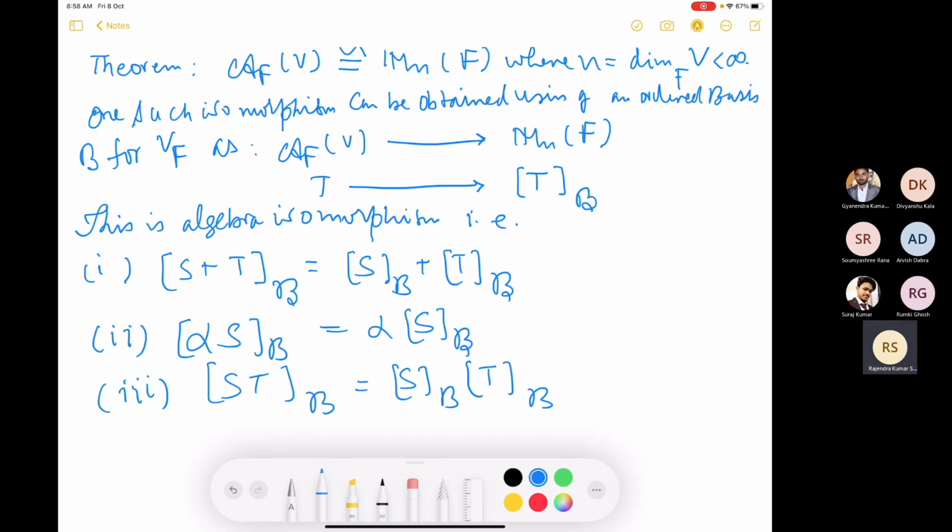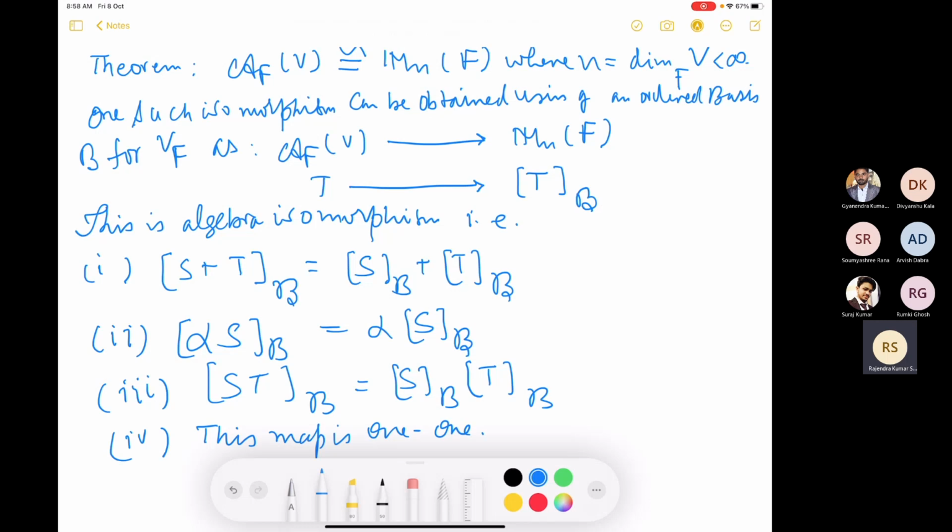and is obviously onto. To see onto, what we do is, given a matrix here, does there exist a linear transformation? So this is an algebra isomorphism. And the fourth thing is that this map is one to one.